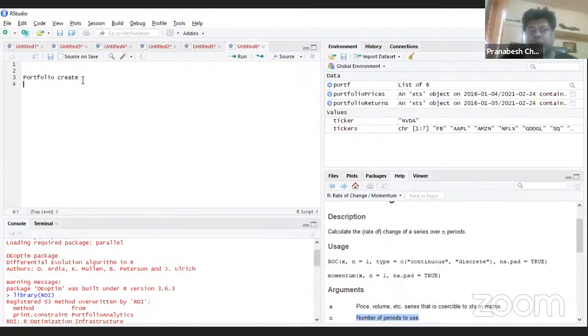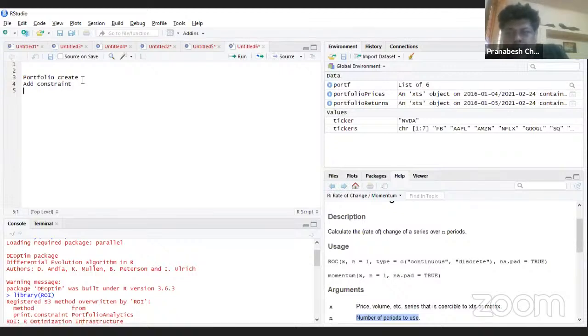The next step that you want to do is there is something called add constraint. What do you mean by constraint? We will come to that. Let us say you have a portfolio, and you want to specify how much to invest, what are your volumes to invest in which of the stocks.